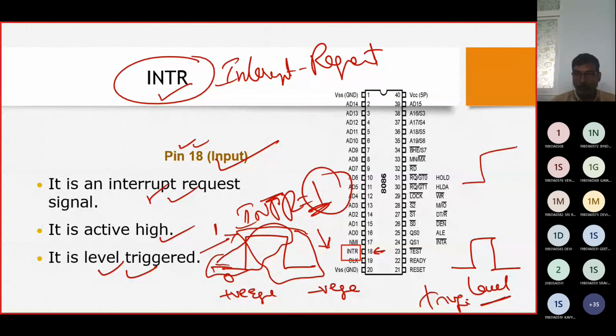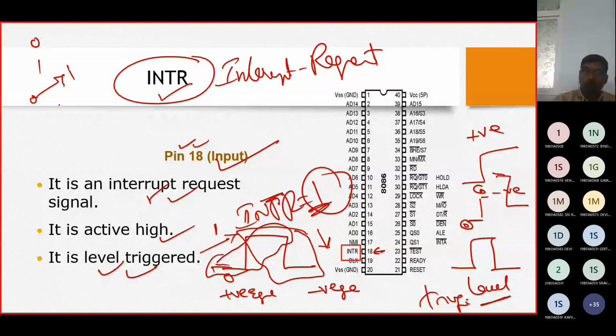So positive spike, negative spike, 0, 1. There are 4 stages. First stage, 0 state. Next state, 1 state. 0 to 1 or 1 to 0. 0 to 1, we call it positive edge triggered. 1 to 0, we call it negative edge triggered.